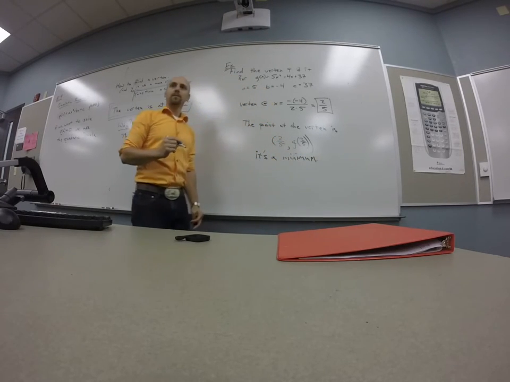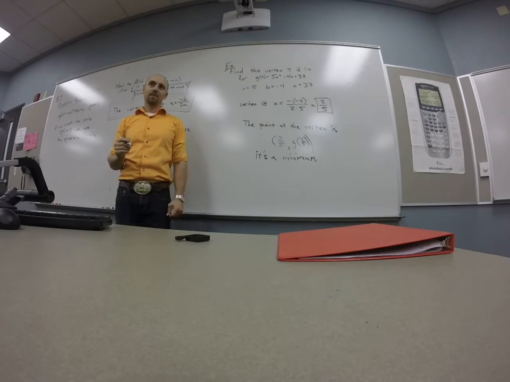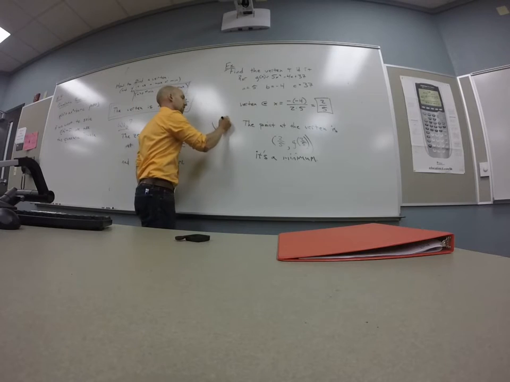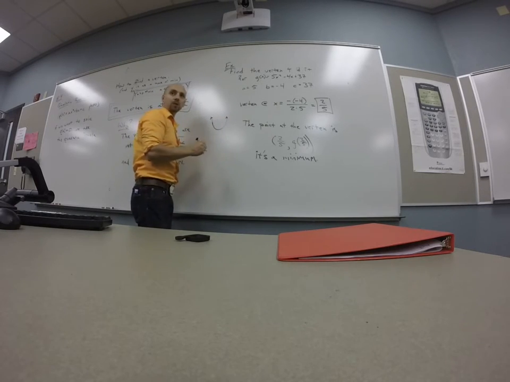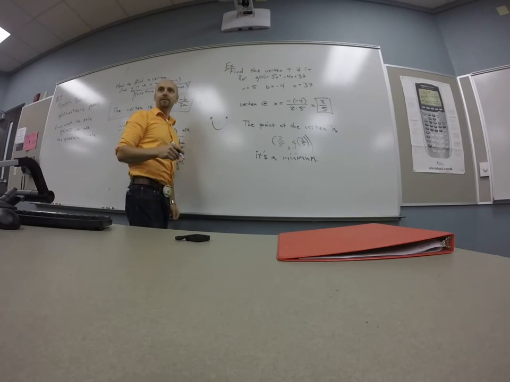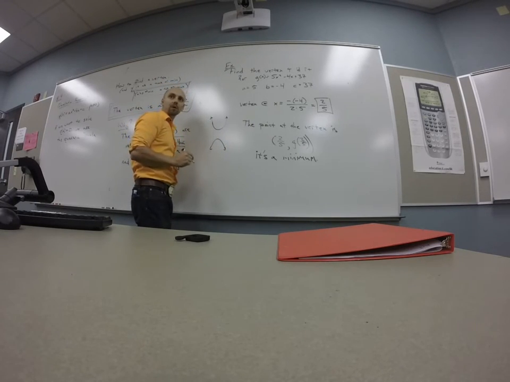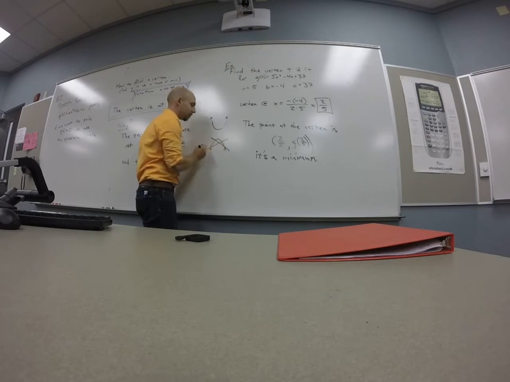How do you know that already? Because A is positive. Which means it looks like this, which means that this is the bottom. If A was negative, it would look like this, and then it would be a top. But I know it's not that because it looks like this.